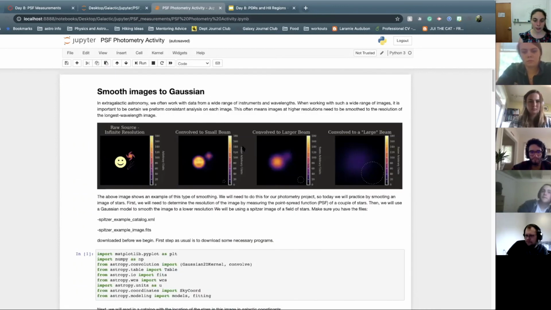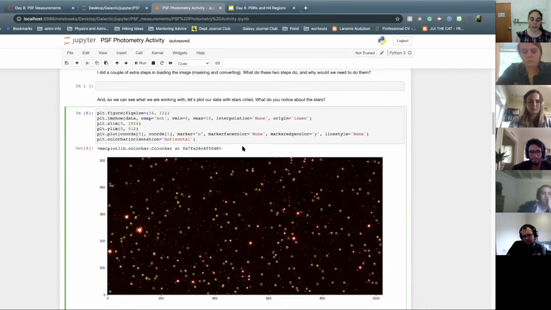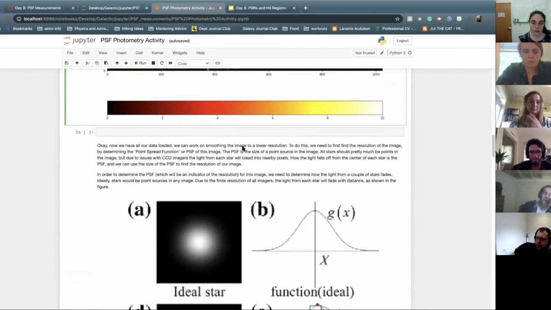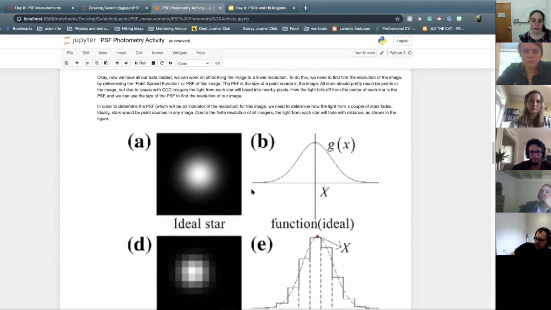The reason why we need to look for stars is because if everything was perfect and CCDs performed the way we wanted them to, every star would look like a Gaussian. So the light from the stars would fall off like a Gaussian.